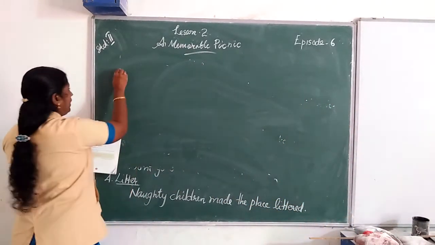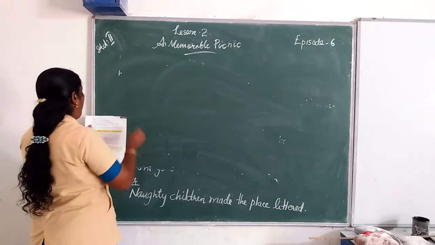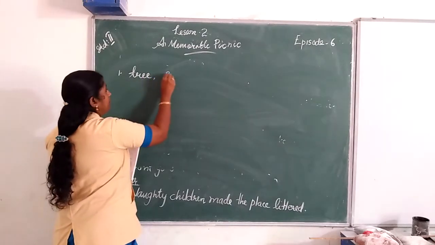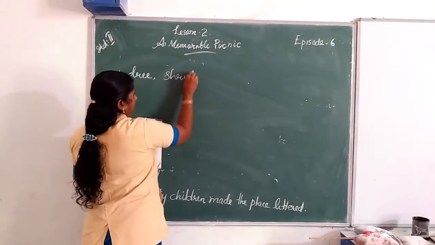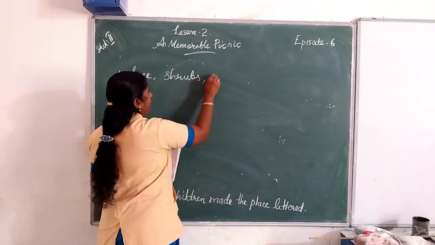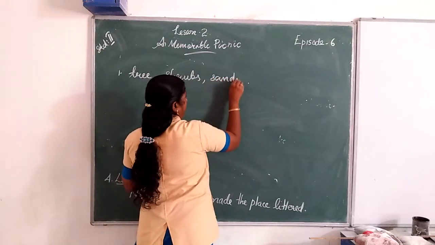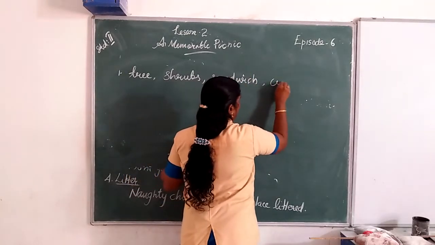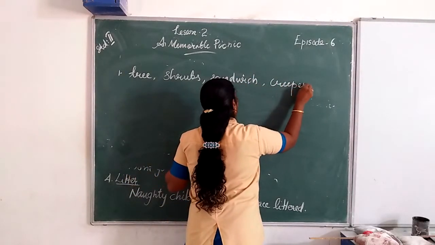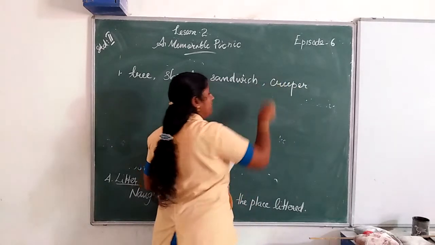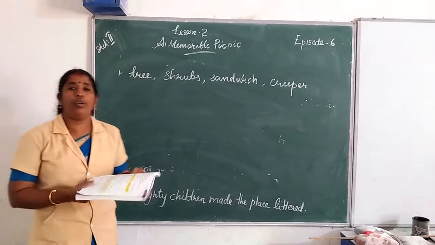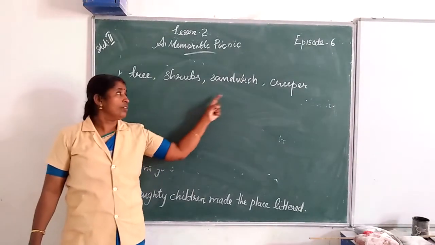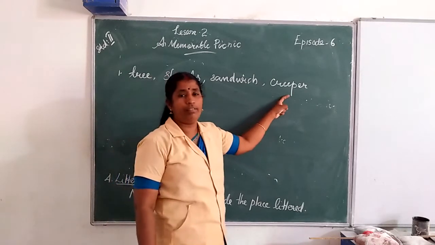First one, circle the odd one. Tree, shrubs, sandwich, creeper. Which is the odd one?